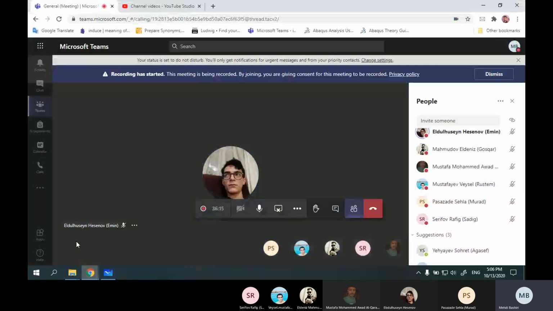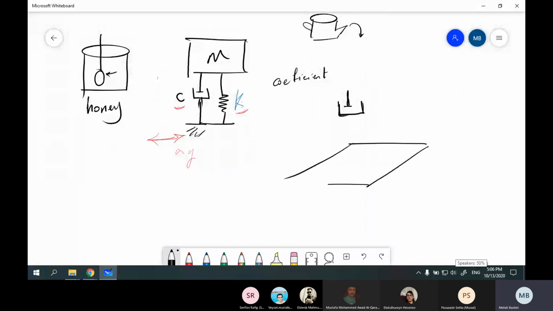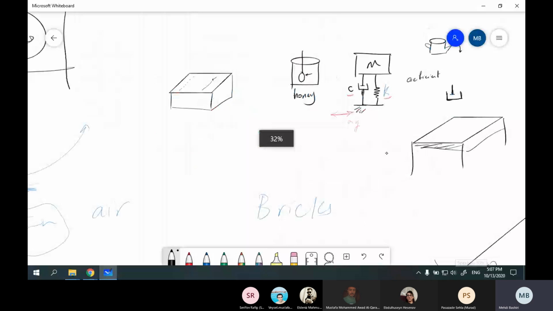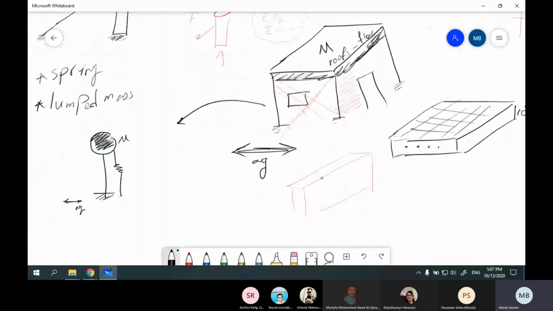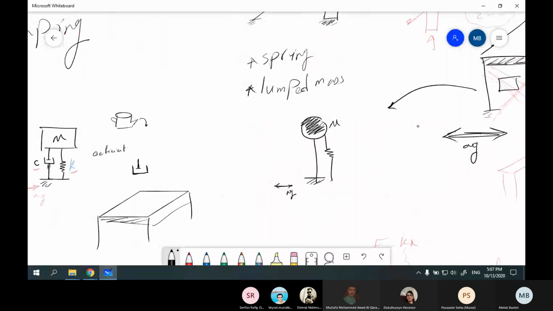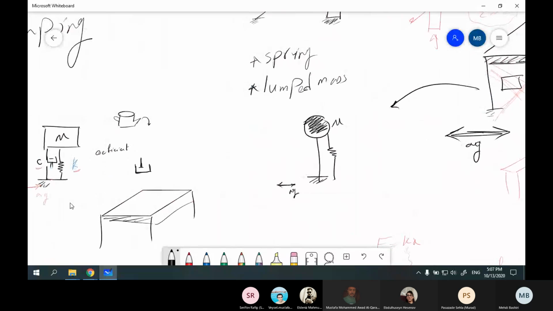Okay, so far, as I said, we simplified or modeled this complicated structure with this simple model. Instead of columns and shear walls and braces, we have a simple spring.